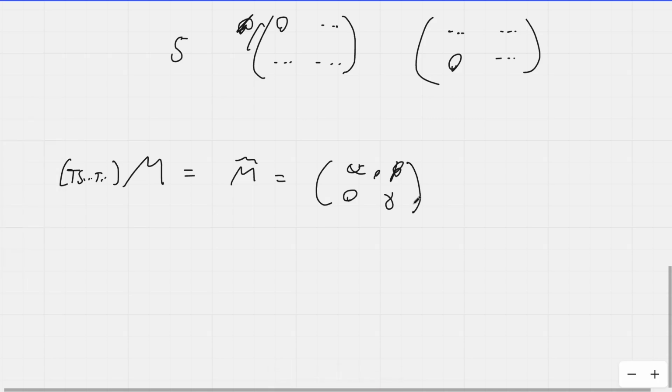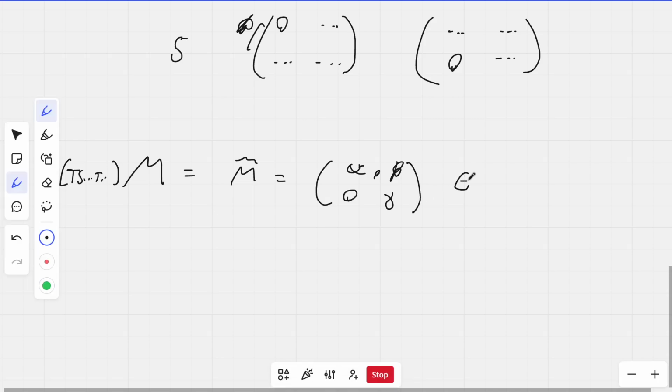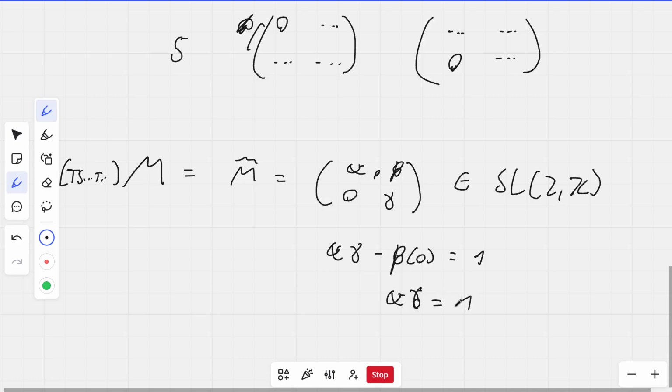Cool. And this matrix is in the group SL2Z. And so it must have determinant 1. And so alpha delta minus beta times 0 is 1. Beta times 0 is just 0, so this means alpha delta is 1.